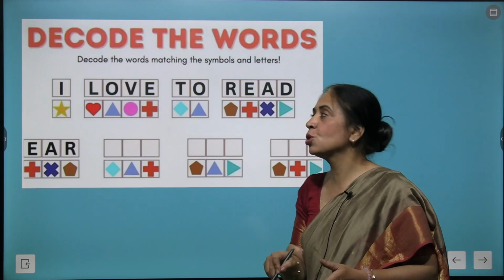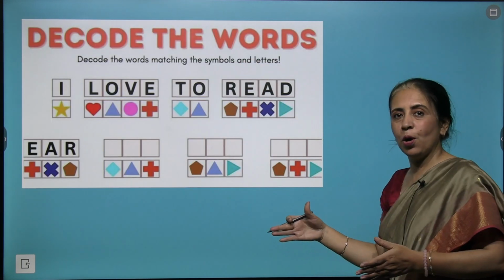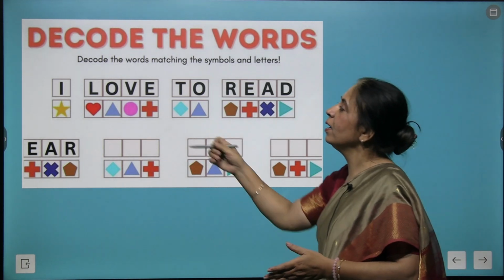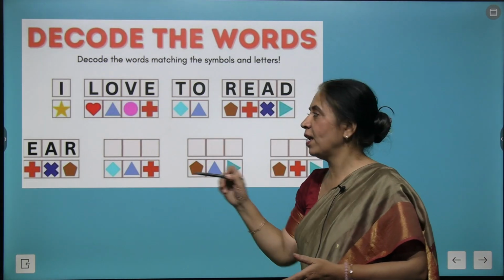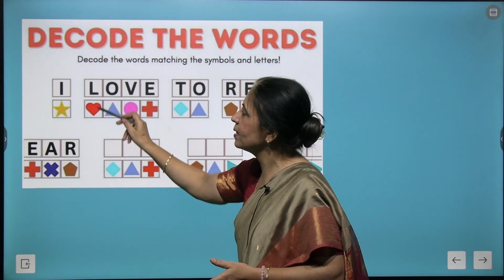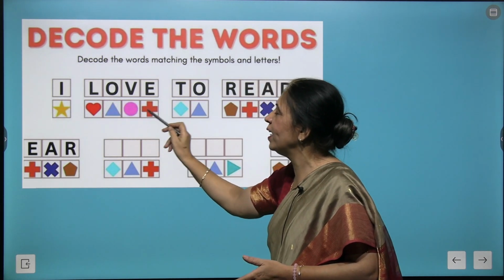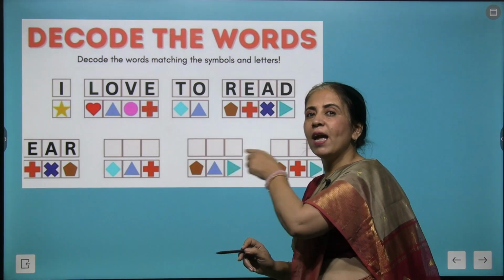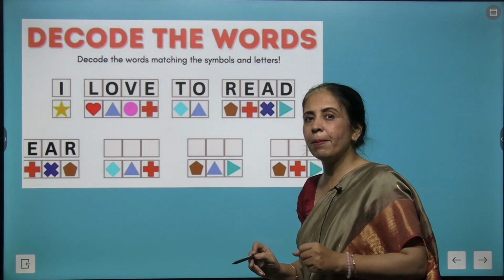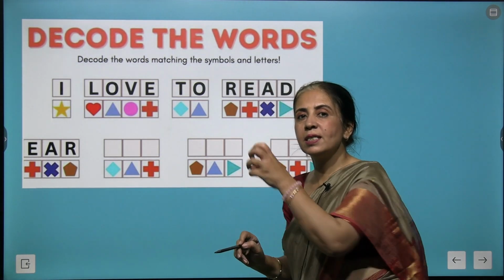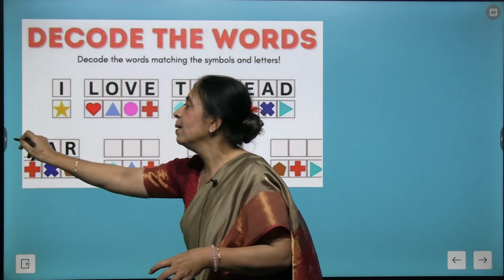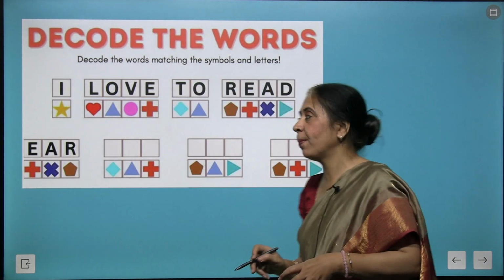So I'm going to show you the decoding of a beautiful message. Here we have taken some symbols to represent different alphabets. This is I, this is L, O, V, E. For every alphabet we have taken a different symbol, and now we have been given the symbols and we have to write what each symbol actually represents.